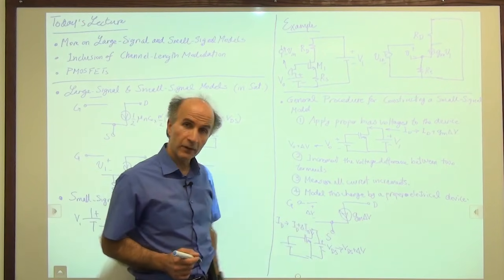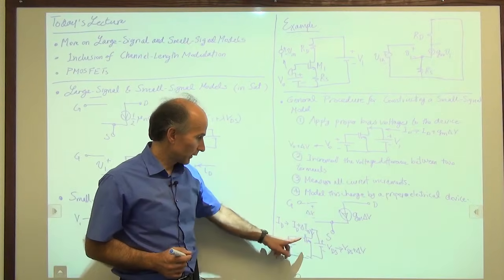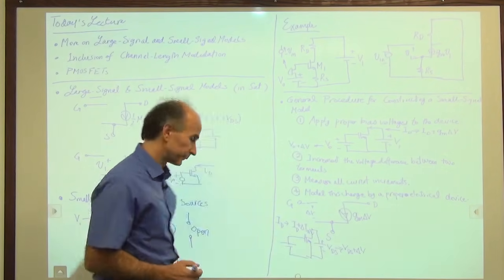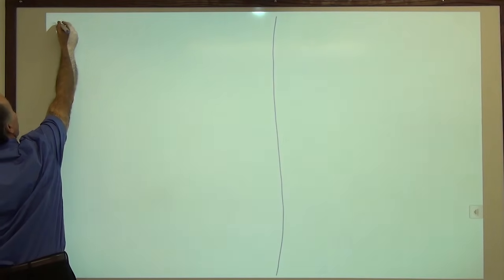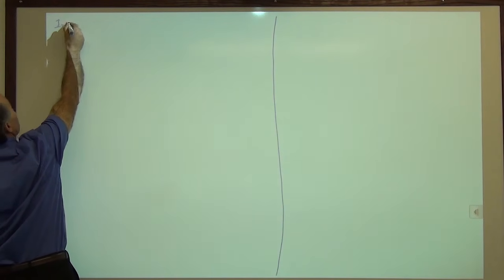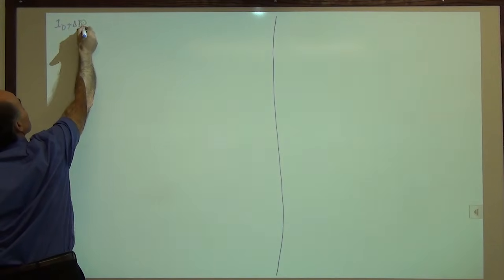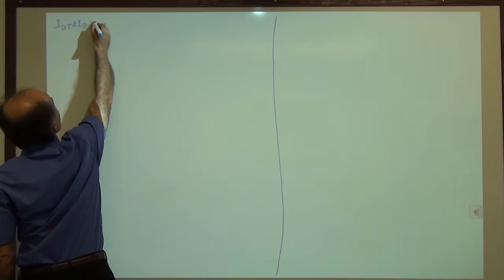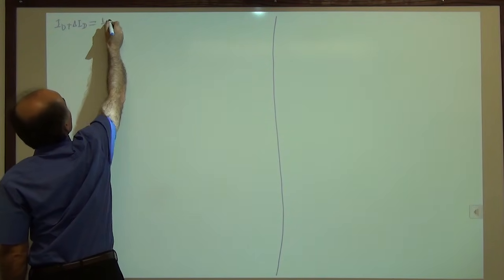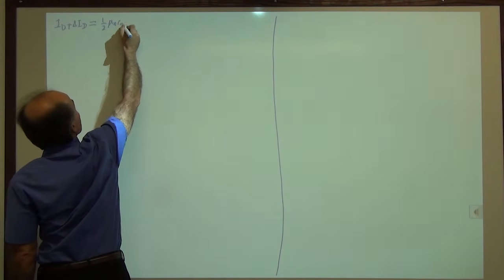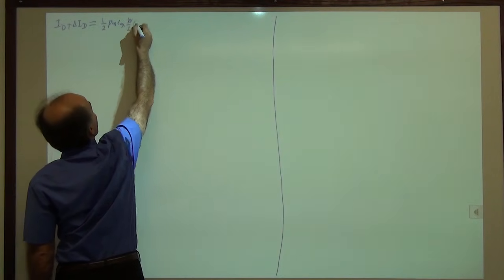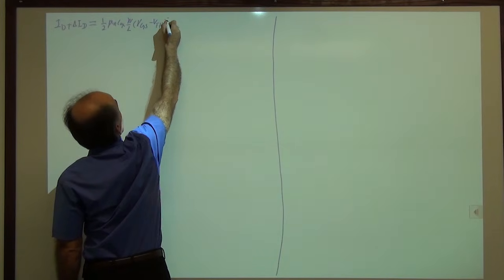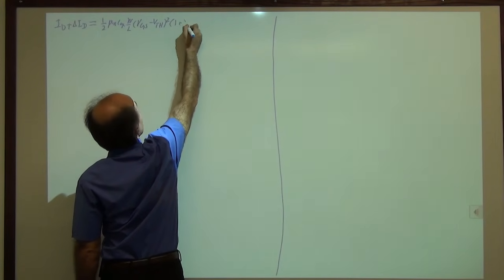Just remember this picture. I will go to a new page, and I will try to derive delta ID in terms of delta V. All right, so we write ID plus delta ID, the new current, is equal to 1/2 of mu n C ox W over L (VGS minus VTH) squared times (1 plus lambda).